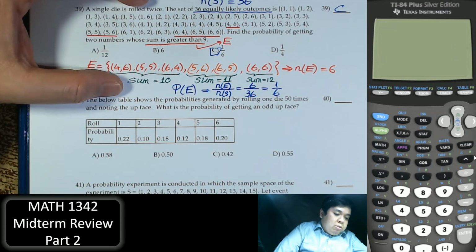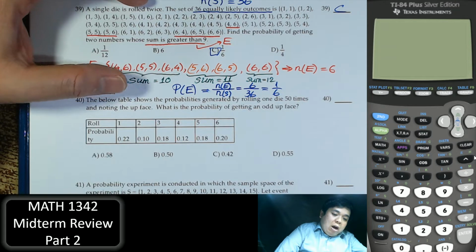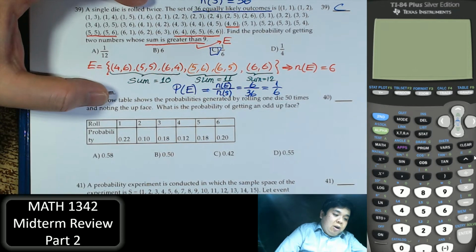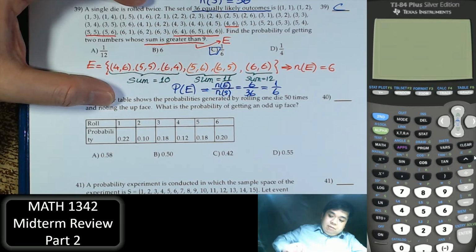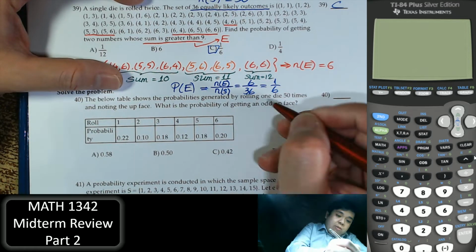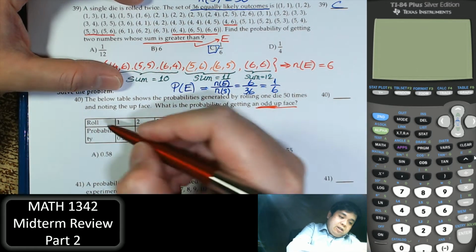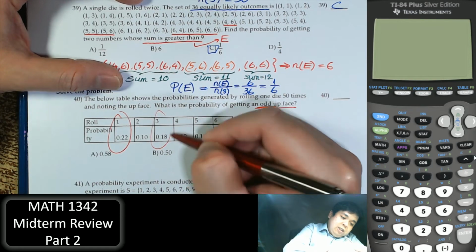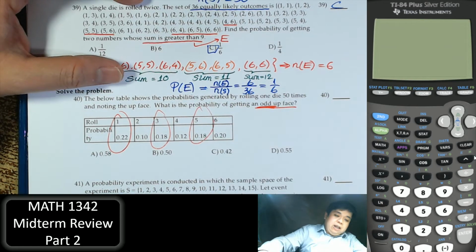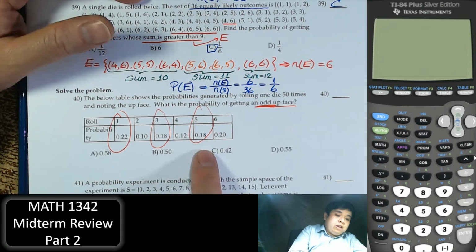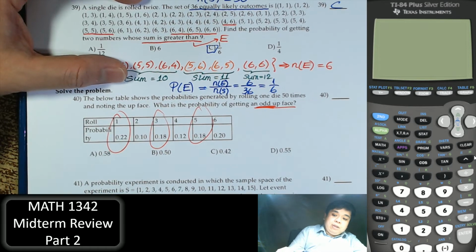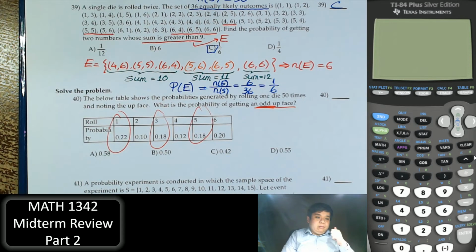The table below shows the probabilities generated by rolling one die 50 times and noting the up face. What is the probability of getting an odd up face? So this is odd: 1, 3, and 5. And those are mutually exclusive, meaning there's no overlapping. You could get a 1, a 3, or a 5.